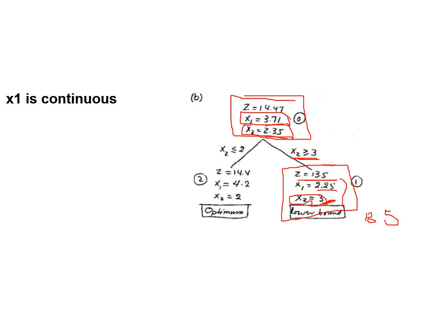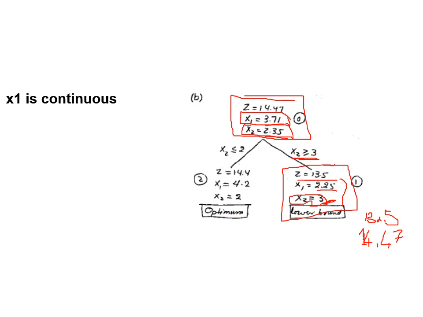And what's our upper bound? The upper bound comes from the parent of unexplored nodes. And the only unexplored node is this one. And its parent is the root node. So the upper bound is 14.47. Okay. So at this point we have these lower and upper bounds.